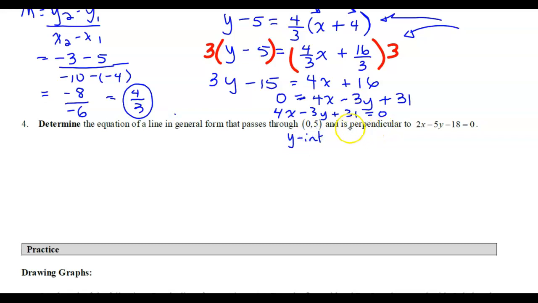And we want the new line that we're finding to be perpendicular to this one. Okay? So we need to know the slope of that line there. How do we find the slope of that line? The easiest way. What's the form of an equation where it's got the word slope in it? There's 2 forms.